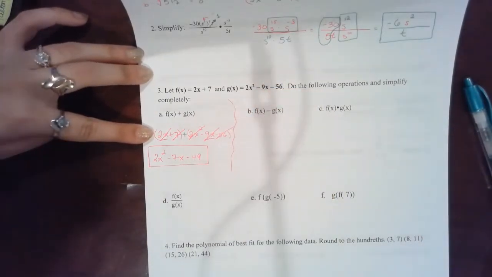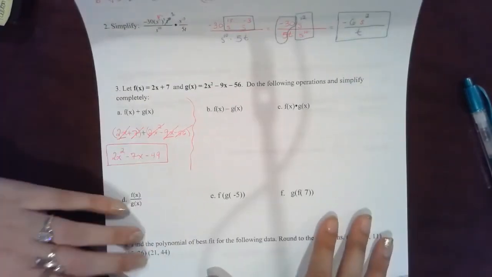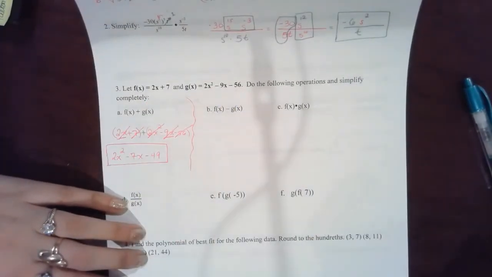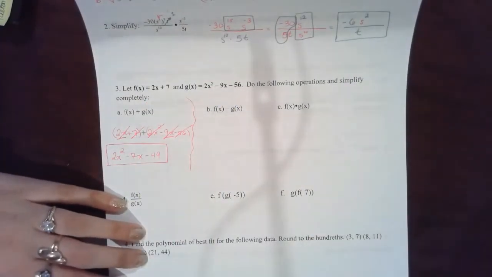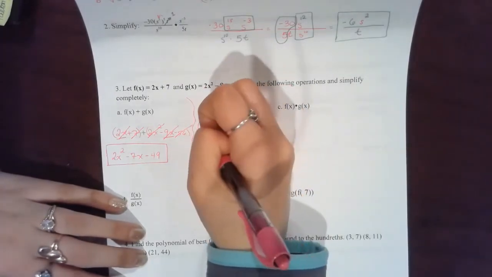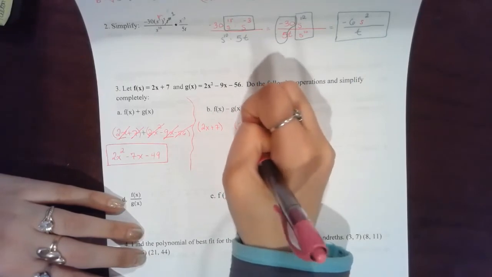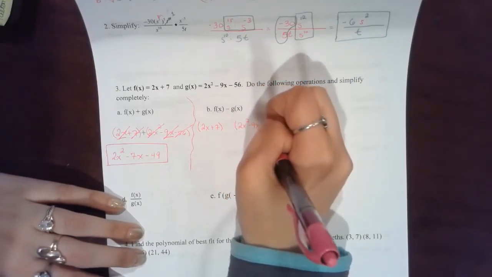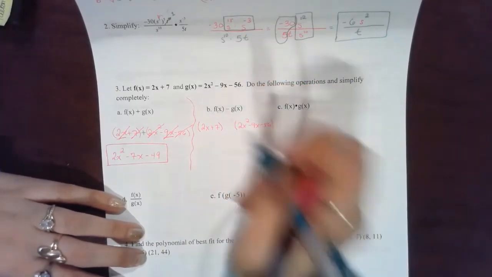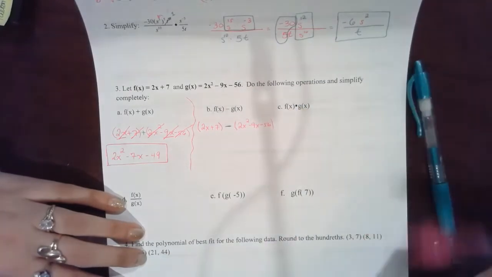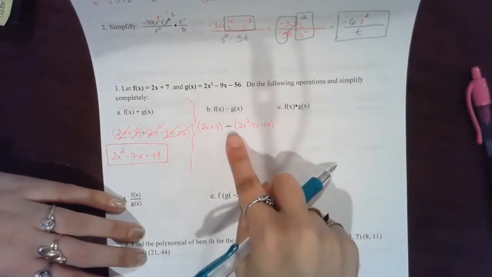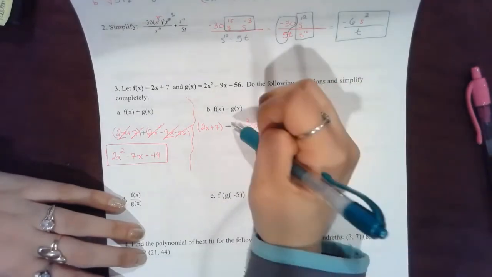Next up, we're taking f of x and now we're subtracting it from g of x. So I'm going to go ahead and rewrite the same thing. 2x plus 7, and then g is 2x squared minus 9x minus 56. And we're subtracting them in the middle. Since it's subtraction, you have to distribute the negative to that second set of parentheses.